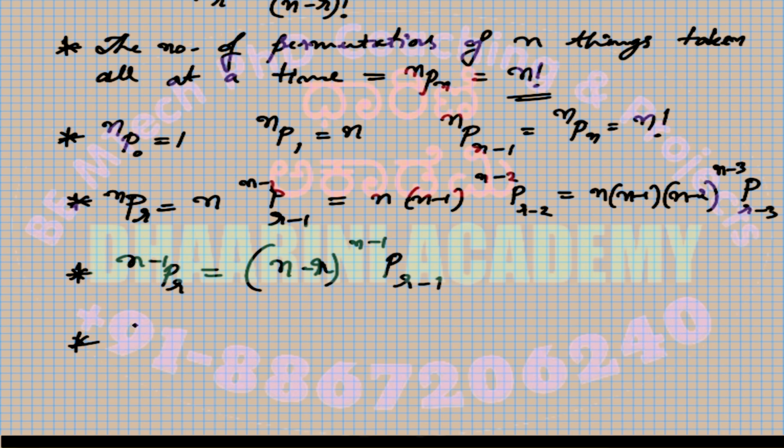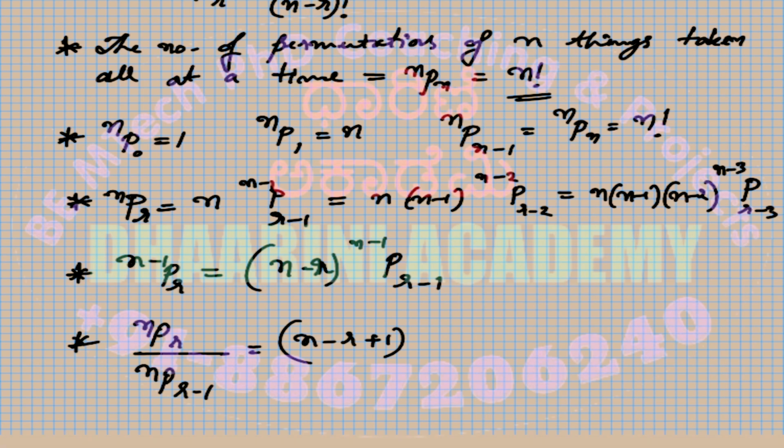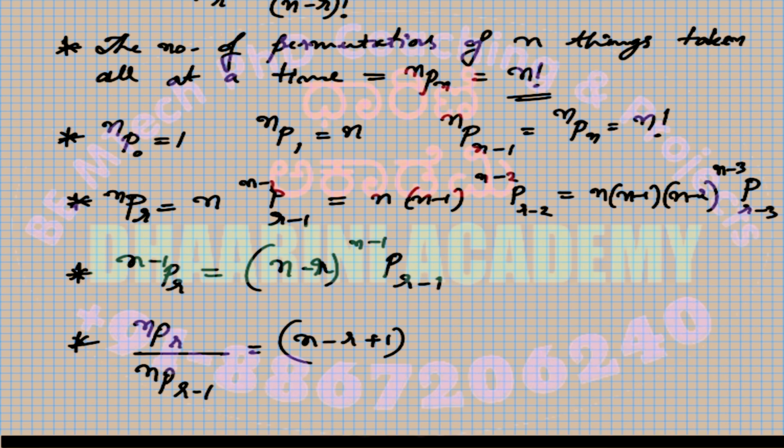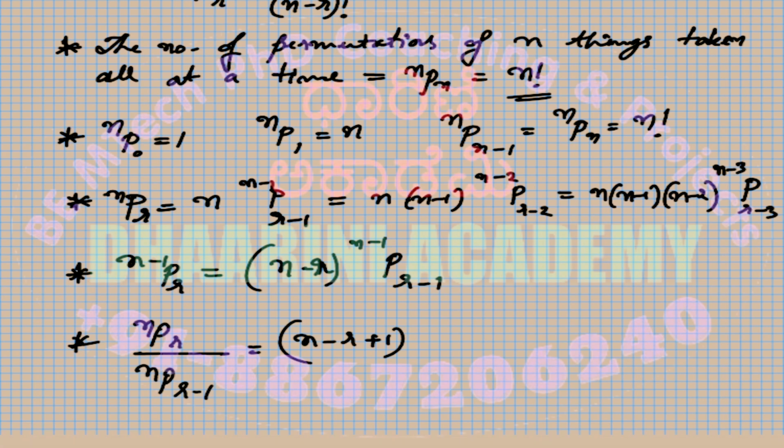Another property: nPr divided by nP(r minus 1) is simply n minus r plus 1.